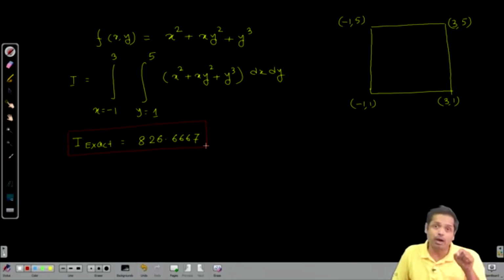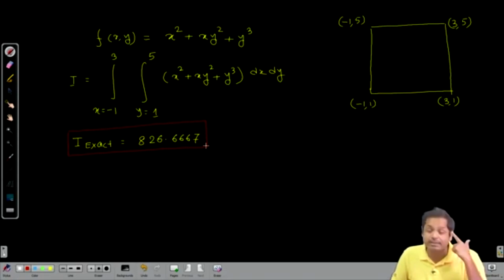How to choose the integration rule: we know that an n point rule can integrate a polynomial up to order 2n minus 1. So any polynomial of order up to 2n minus 1 can be integrated exactly with an n point rule.